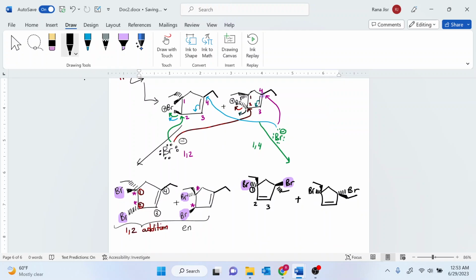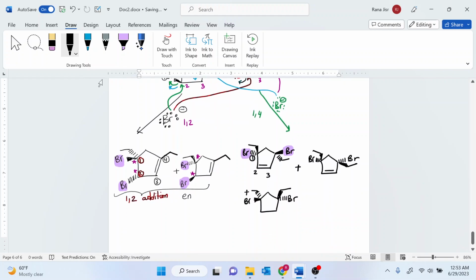So you are going to end up having our second set of the products in there, where the bromine attacks from the back. This is more stable because this is going to produce the trans in there. And that is going to push this bromine on this carbon and the ethyl on the other.